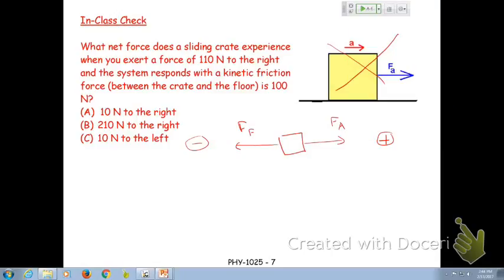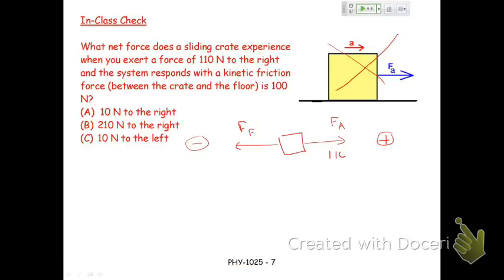If I was looking at this, I would say, well, hold on. It's 110 newtons to the right. That's positive. And this is 100 newtons to the left, so let's call that negative. F net, which equals the sum of all my forces, is equal to plus 110 added to minus 100, which equals plus 10 newtons.